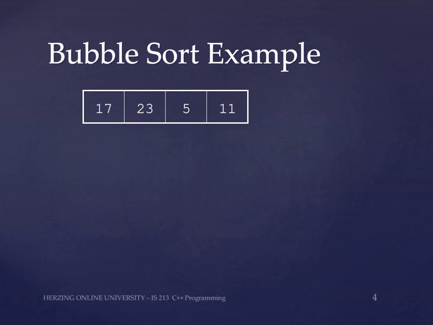A bubble sort example: in the first pass, you compare values 17 and 23, which are in correct order, so no exchange.